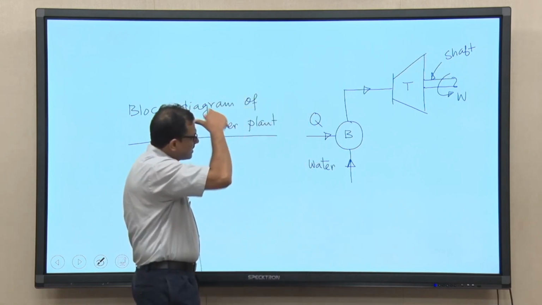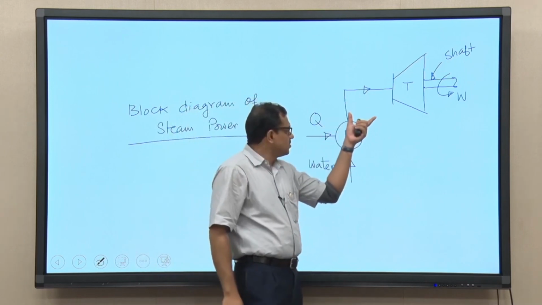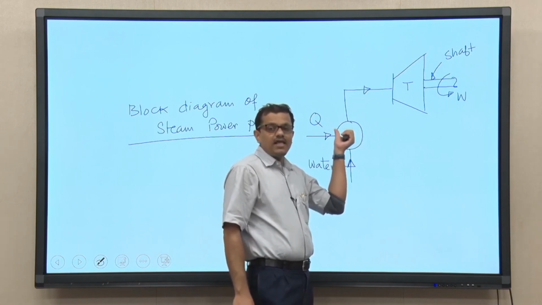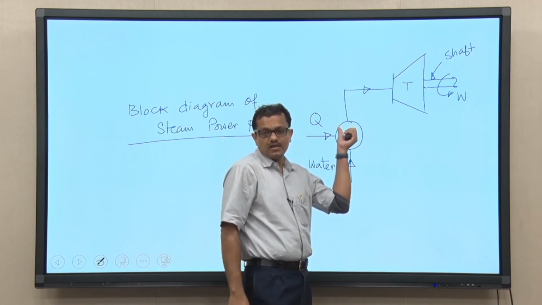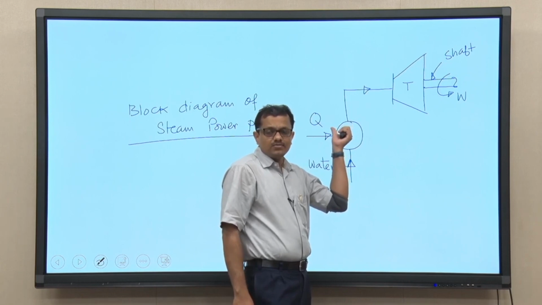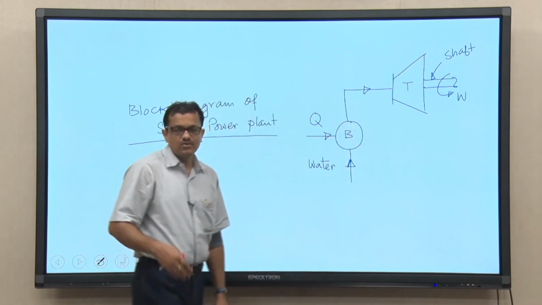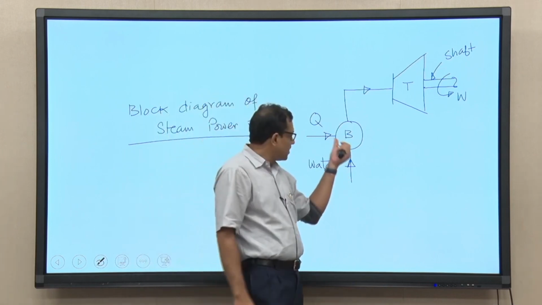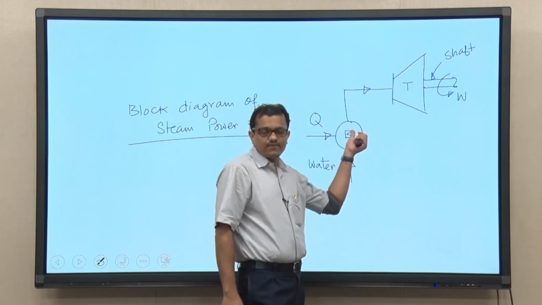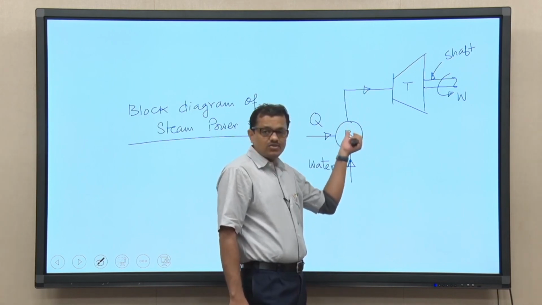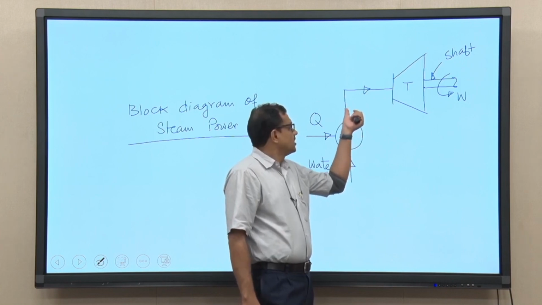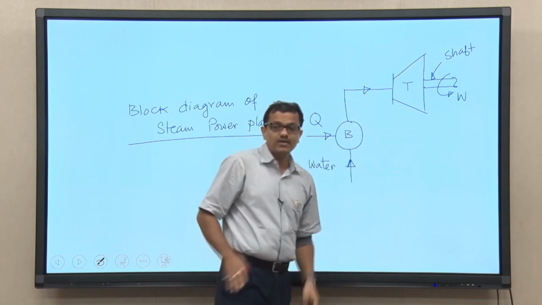In this system we are supplying water and heat, maybe by burning coal if it is a thermal power plant, or diesel if it is a diesel-fired boiler. The energy from combustion heats the water circulated through the boiler, converting it into steam, and that steam is taken to the turbine through flow nozzles.